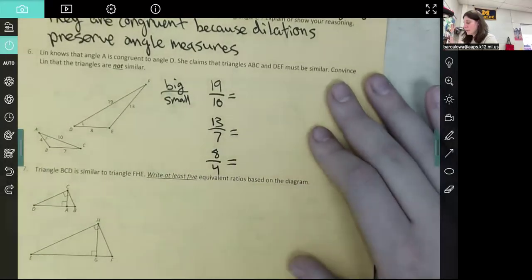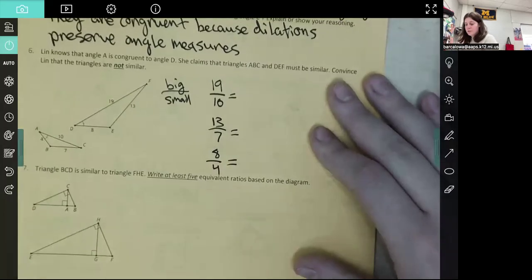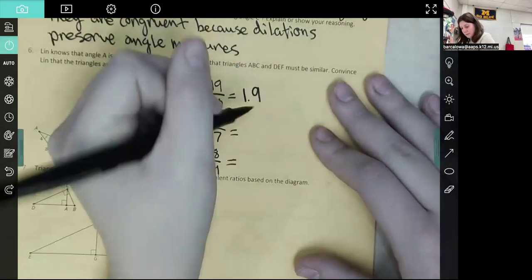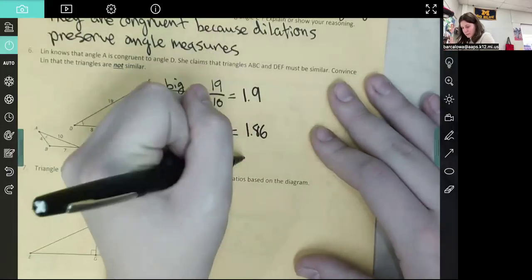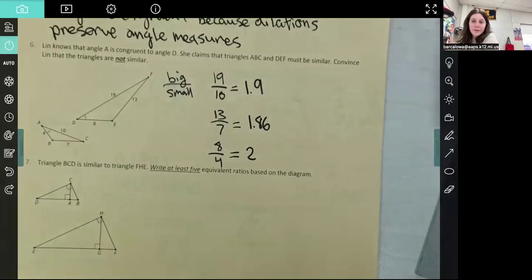All right, well, 19 divided by 10, pull out your calculators, 1.9, 1.86, and 2. Do we think these triangles are similar? No. Each side has a different scale factor. That's not similar. They haven't all been dilated by the same amount.